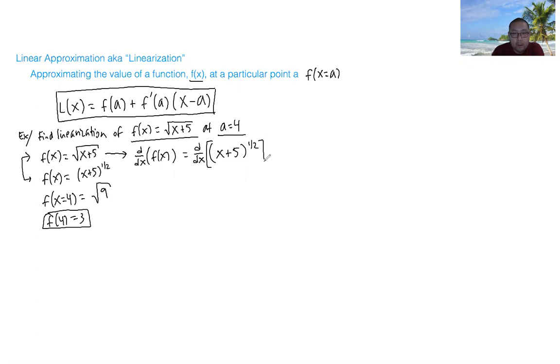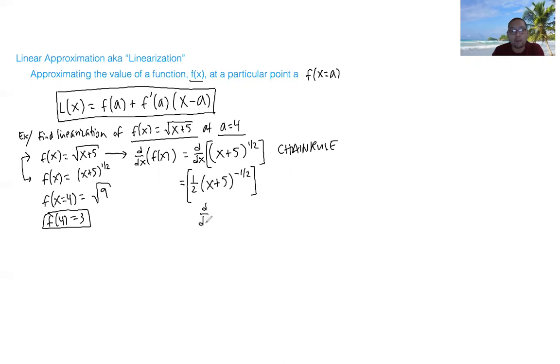We are going to chain rule this. The first thing is the derivative of the entire thing. We take this 1/2, multiply it by the coefficient 1, leave all the stuff inside, x plus 5, and subtract 1 from the exponent. 1/2 minus 1 is negative 1/2. This is the term for the derivative of the entire thing.